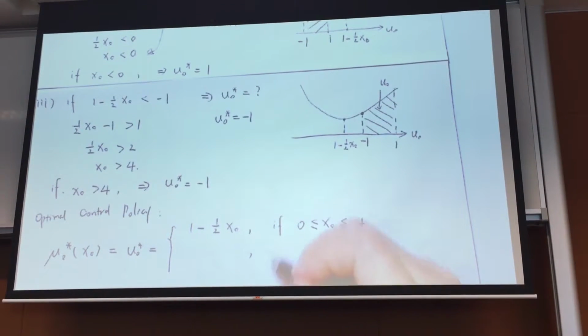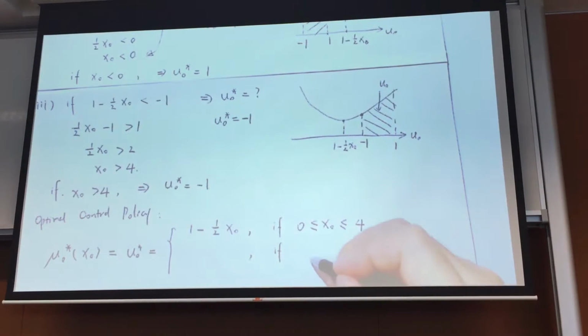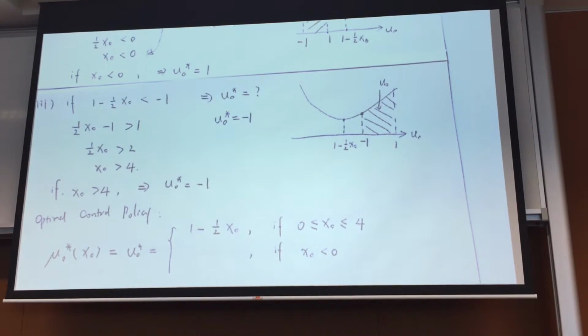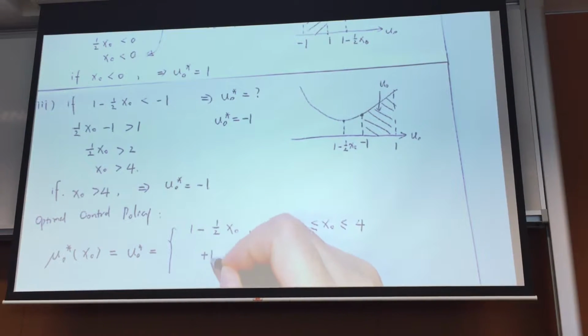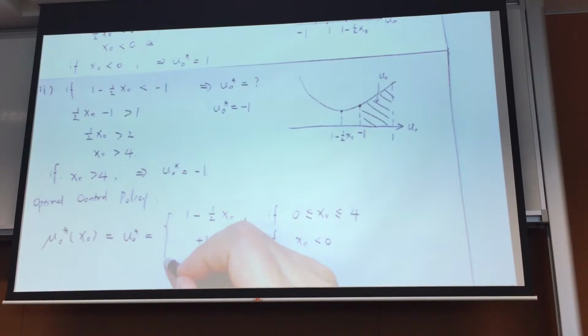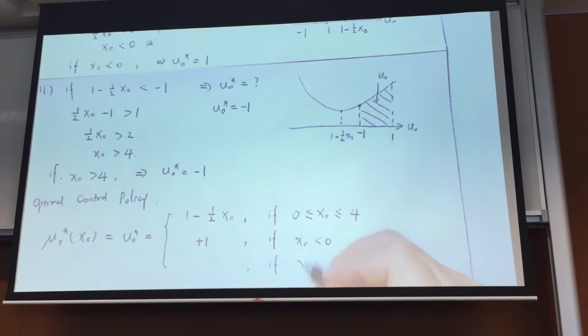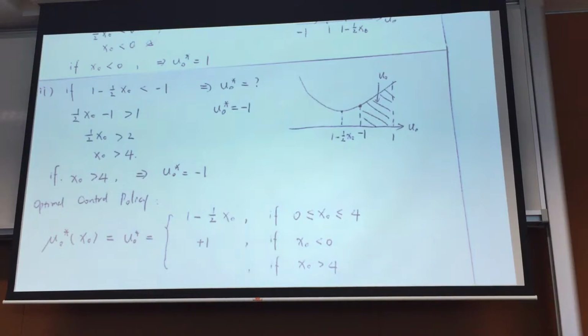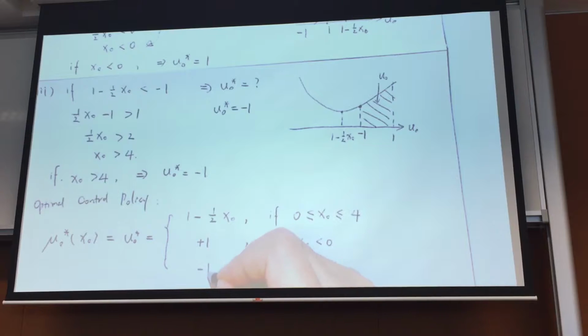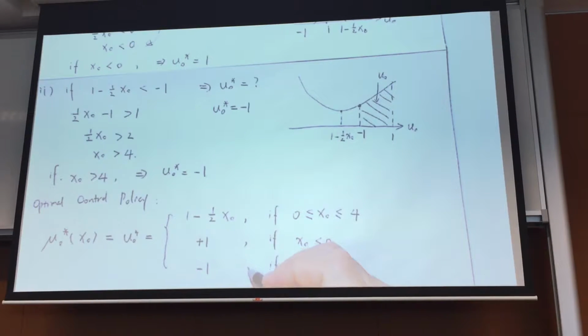The second situation, if x0 is smaller than 0, is given by +1. And if x0 is greater than 4, this will be minus 1.